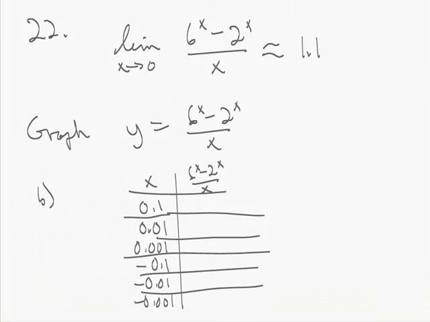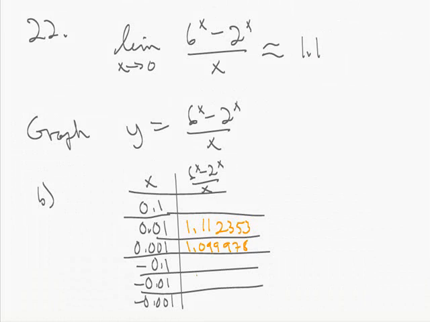In fact, for a couple of these, I'll go ahead and tell you what you should get. For 0.01, you should get 1.112353. For 0.001, you should get 1.099978. And so it looks like it's getting closer to actually 1.10.